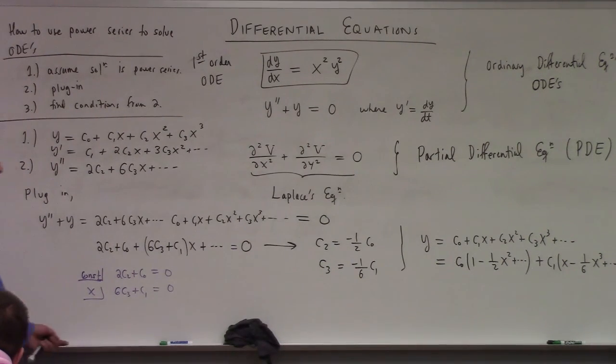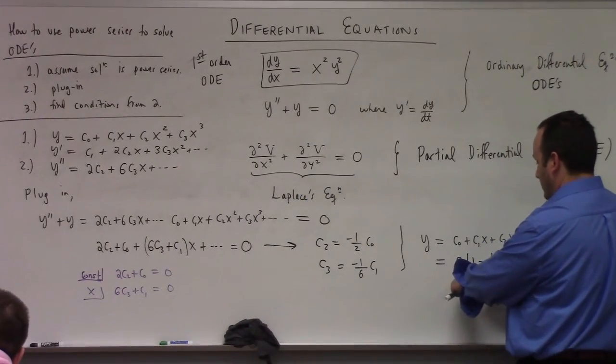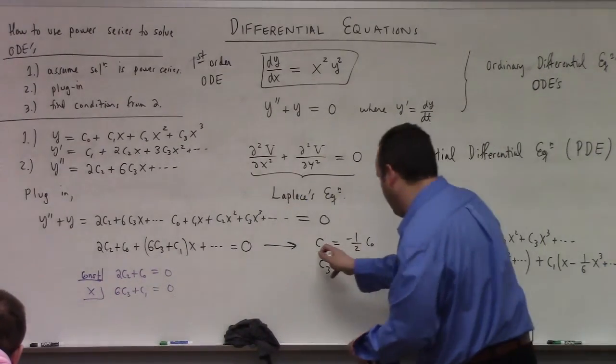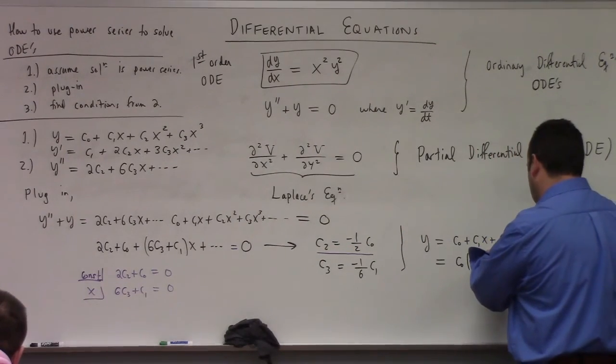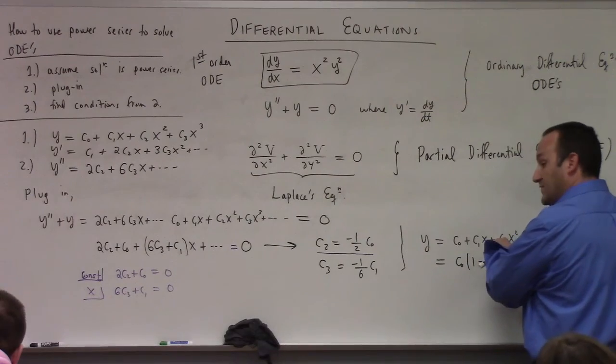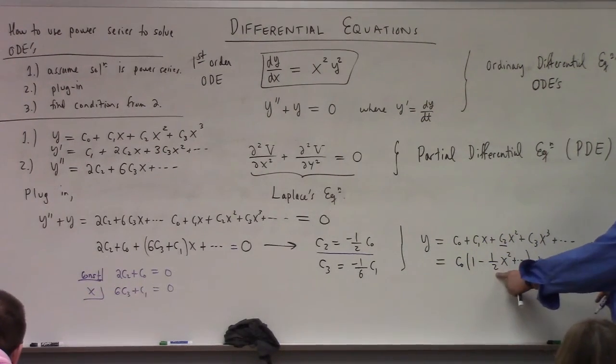Right. So c0 is c0. c2 is minus 1/2 c0. So I can factor out c0, and it leaves me with minus 1/2. That's from that.